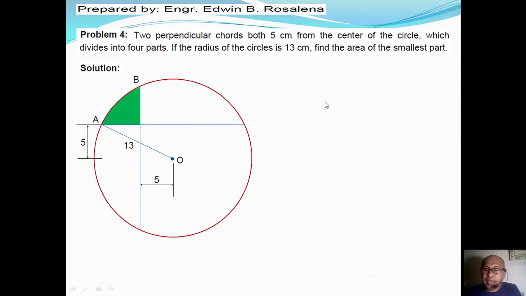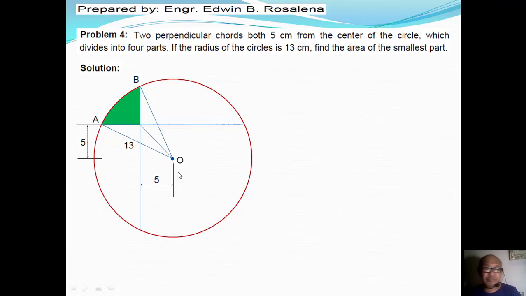Notice that if I will connect also OB, that is another radius, and I have formed sector ABO. Now, notice, this is a triangle here. This is also a triangle. And the two triangles are the same. They have equal areas.